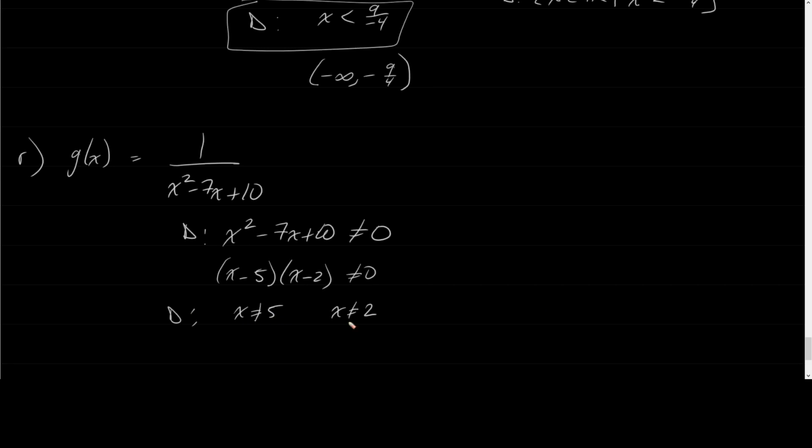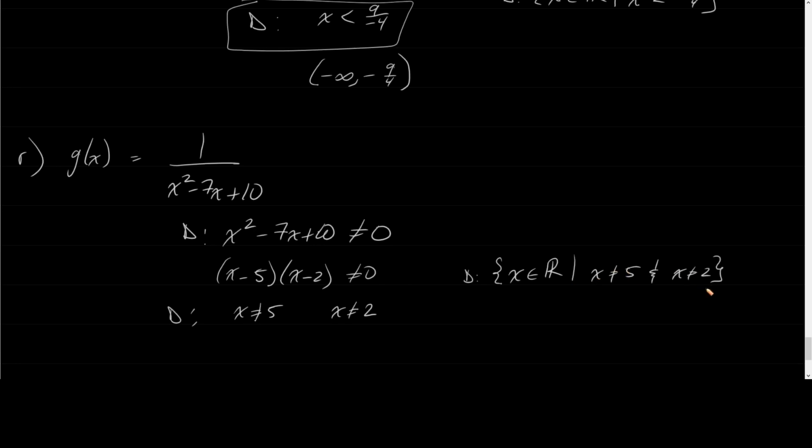You could simply say that that's the domain: x can't be 5 or 2. In set builder notation, you would say the domain is the set of all x in the real numbers such that x is not equal to 5 and x is not equal to 2.